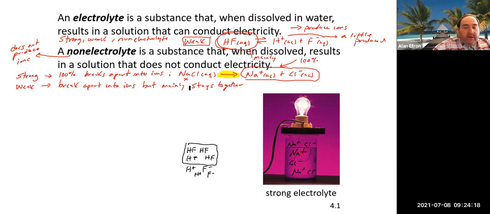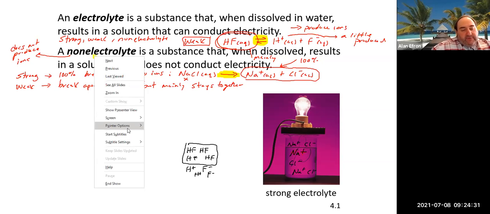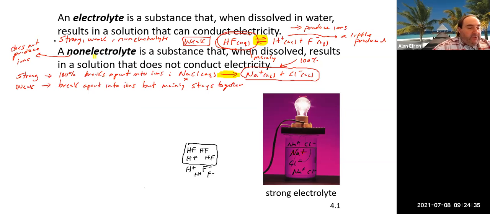We see a different set of arrows in a weak electrolyte situation. We actually see arrows heading in both directions. And what those arrows imply is that there are two directions happening. There's what is sometimes referred to as the forward direction, where reactants are going to products.